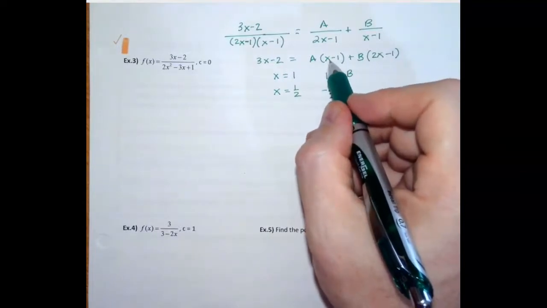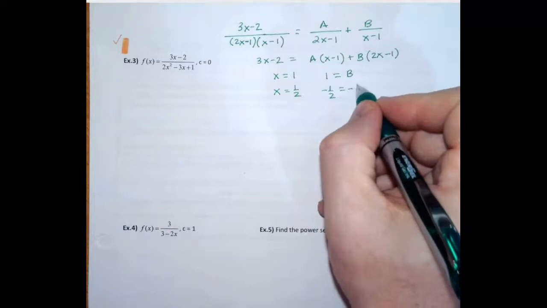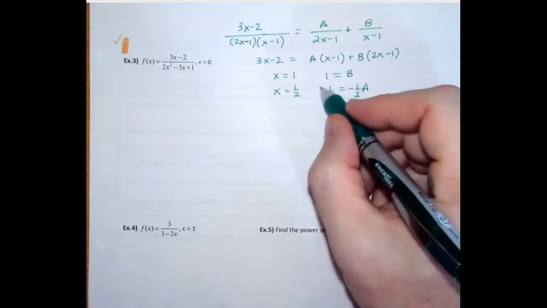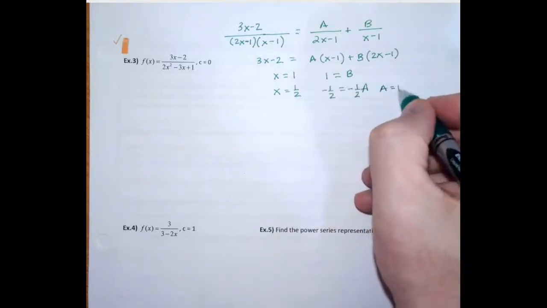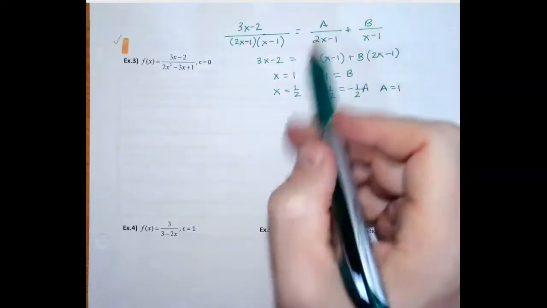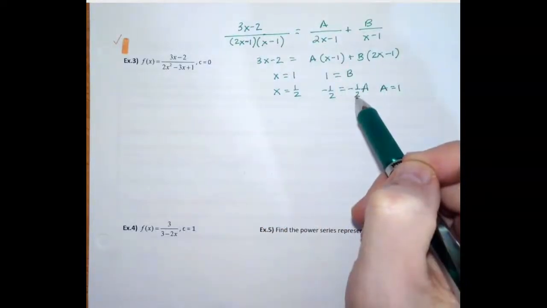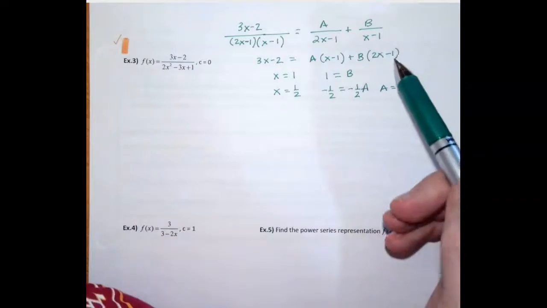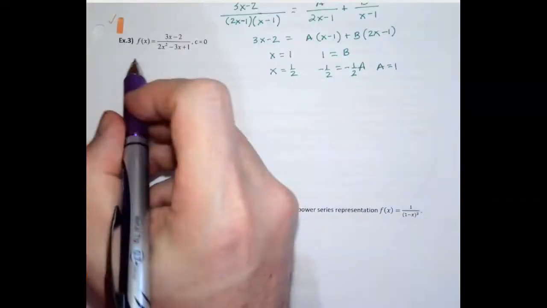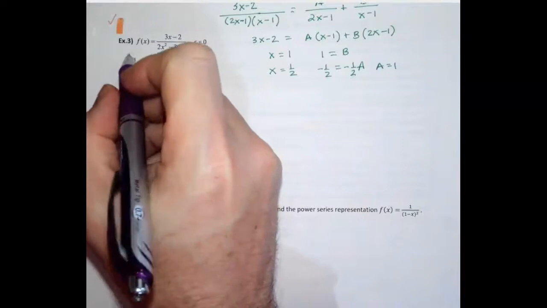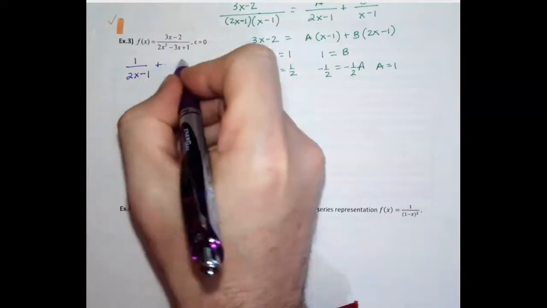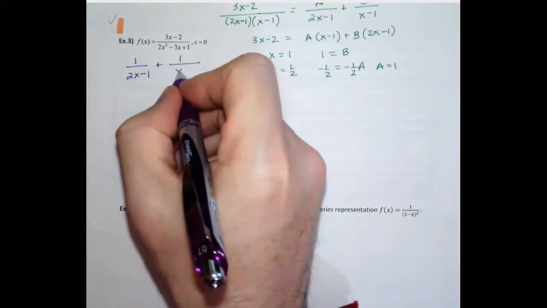And here, 1/2, that would be negative 1/2 a. So if we multiply that by negative 2, we find out that a equals 1. So if we look at this, we have 1 over 2x minus 1 plus 1 over x minus 1.